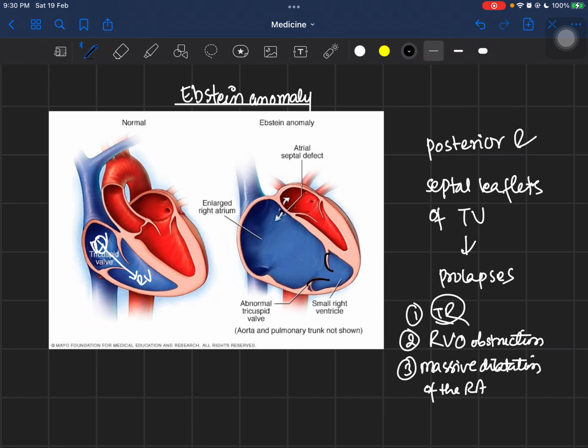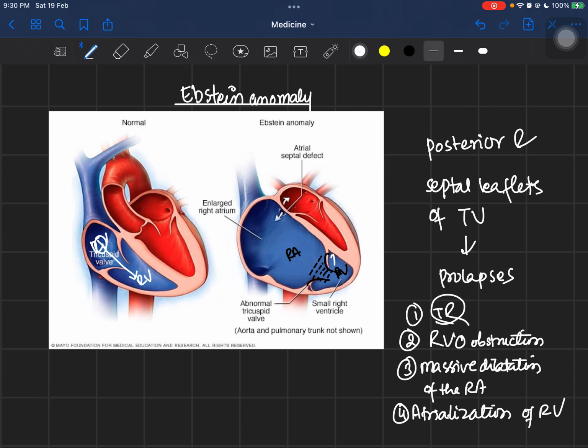That means when the blood flows from the right atrium to the right ventricle, much of the blood remains within the prolapsed segment of the tricuspid valve itself. So that is known as atrialization of the right ventricle. Okay, so these were the problems with Ebstein anomaly.